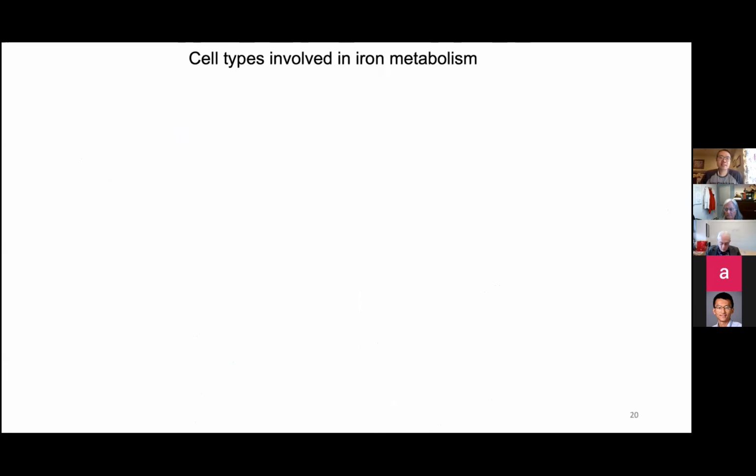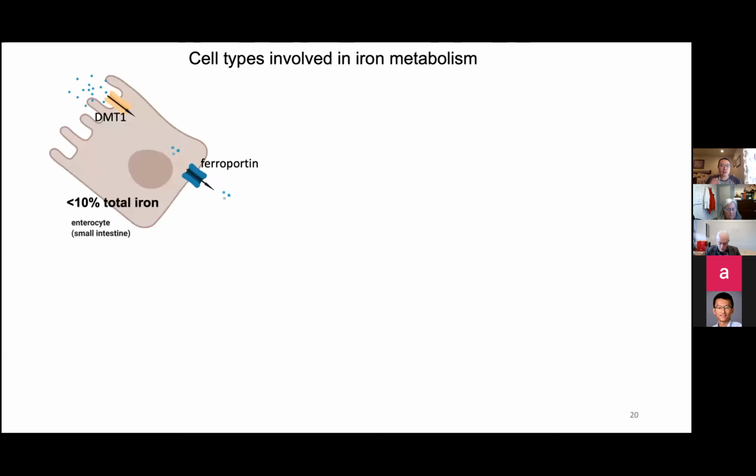Because of this, I decided to determine the cell type specific requirements of gain of function PIEZO1 in causing iron overload. As you probably know better than me, iron metabolism is a very complex process that involves multiple cell types and organs.